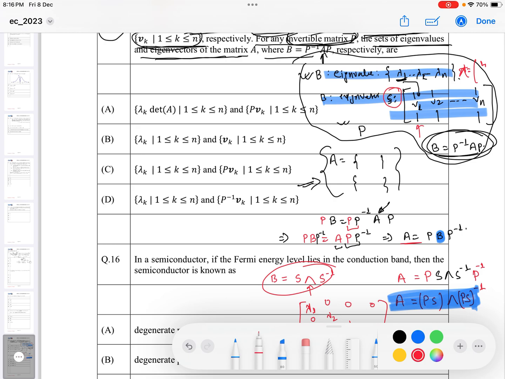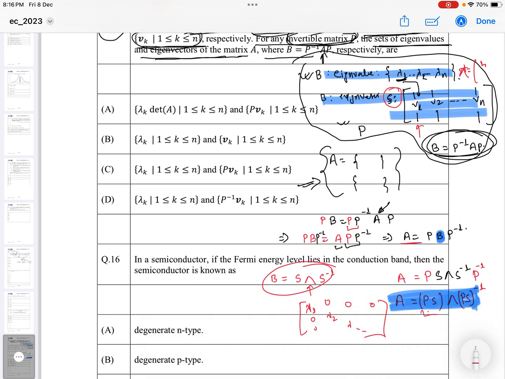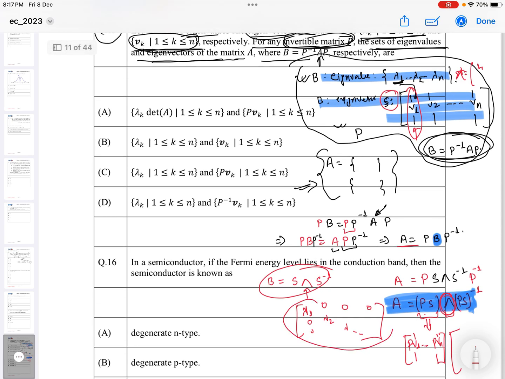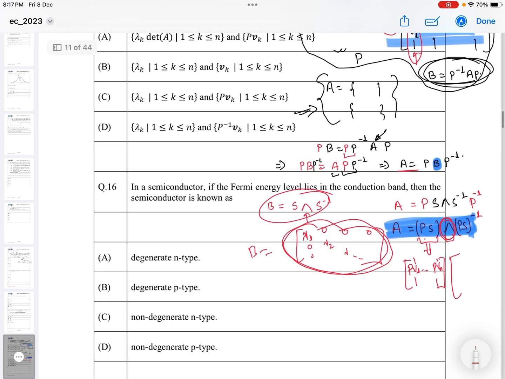What can we call this matrix? It is a matrix with eigenvalues and eigenvectors. So it is P times S, that is P times V1 up to P times Vn, and again this lambda is the same diagonal matrix as for B. So there will be no change in the eigenvalues.